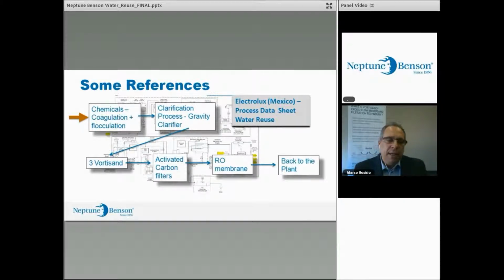The water is heavily charged with BOD and TSS, so they have a full treatment chain of coagulation, flocculation, clarification, and then it goes to a vorticen, in fact 3 vorticen units, then activated carbon to make sure all the soluble organics are removed as much as possible to protect the RO membrane, which has been in operation for over 5 years now without being replaced. So it does show how the vorticen has been able to protect the membrane.